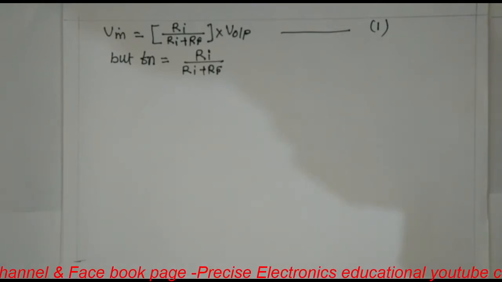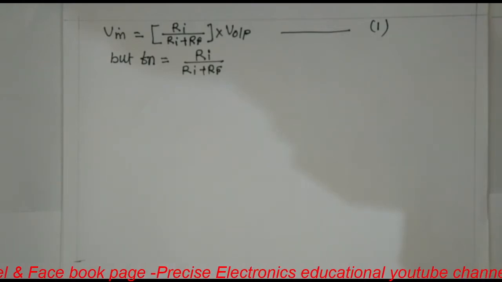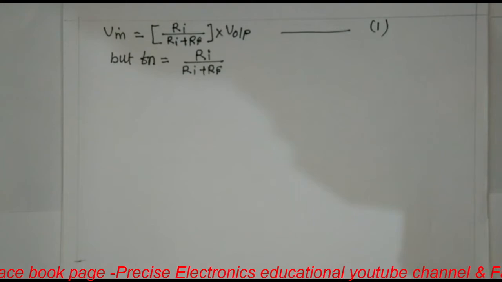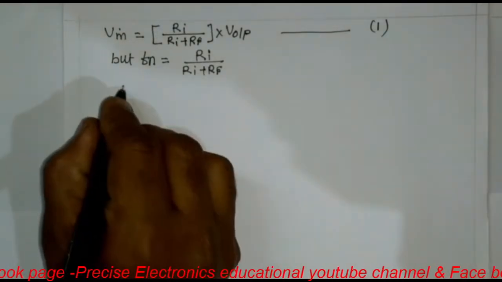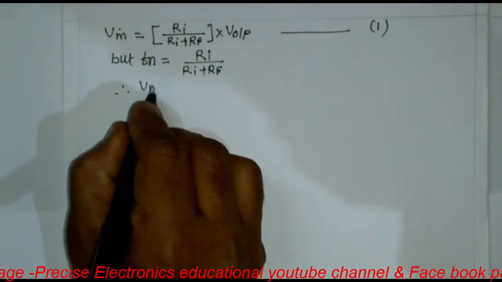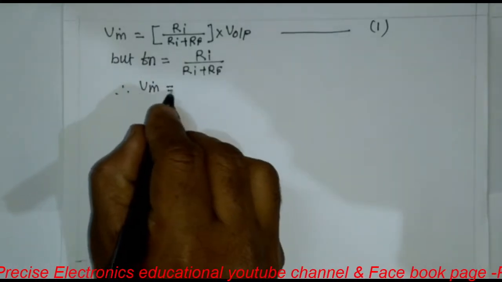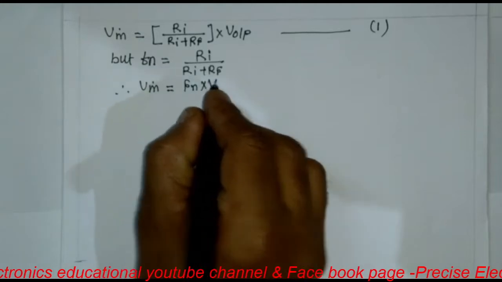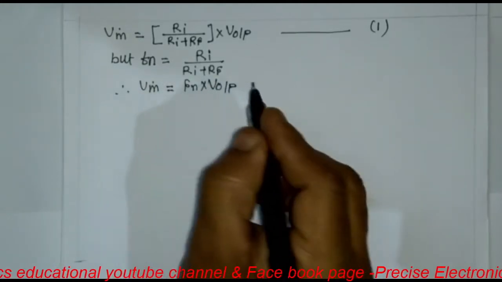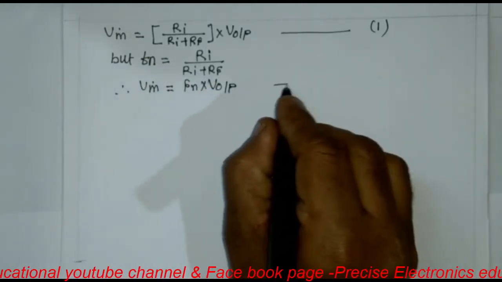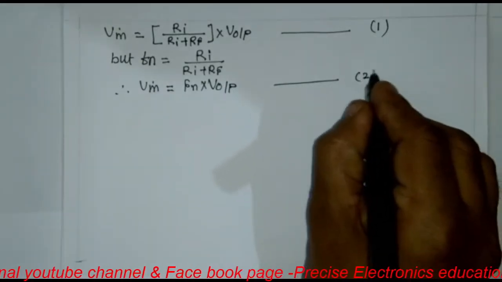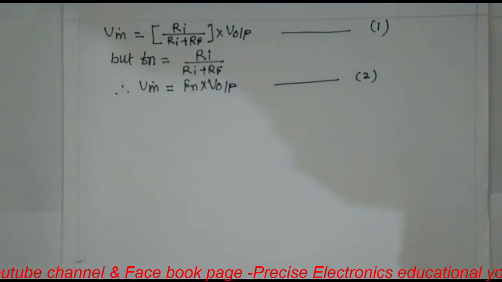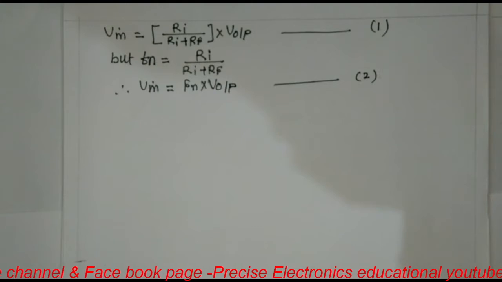So Fn is equal to Ri upon Ri plus Rf. Therefore, by substituting the value of Fn in equation number 1, Vin is now equal to Fn into V output. Let us consider this as equation number 2. That is our equation number 2.